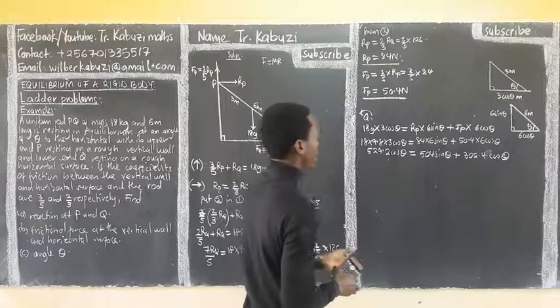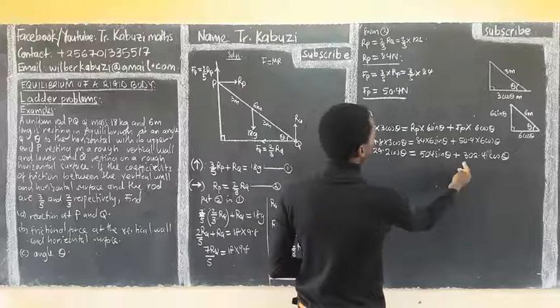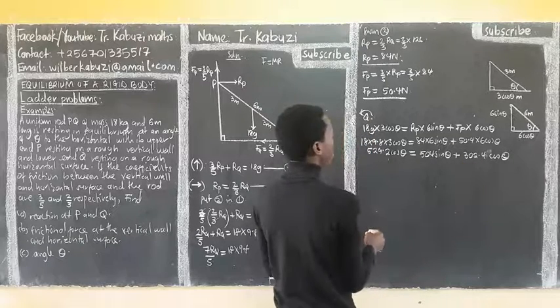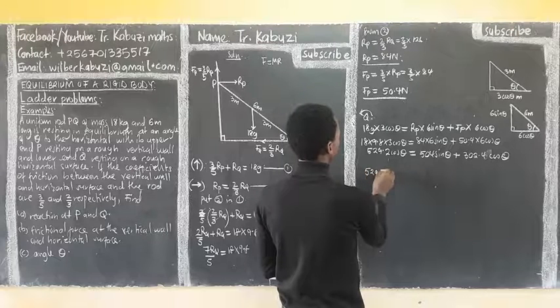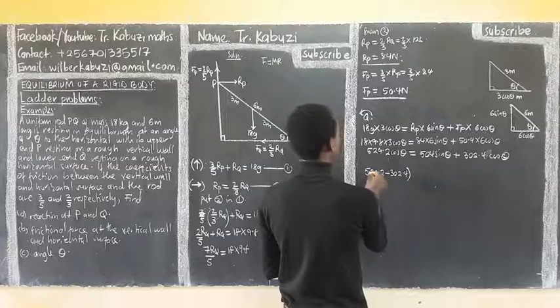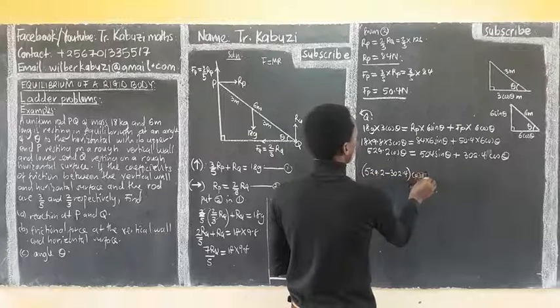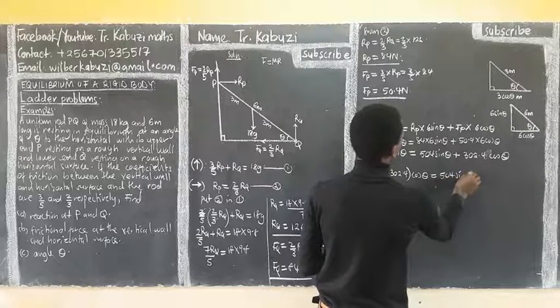So now I can bring the cos's this side. When I bring this side, I'm going to be having 529.2 minus 302.4, into cos theta, equaling 504 sin theta.